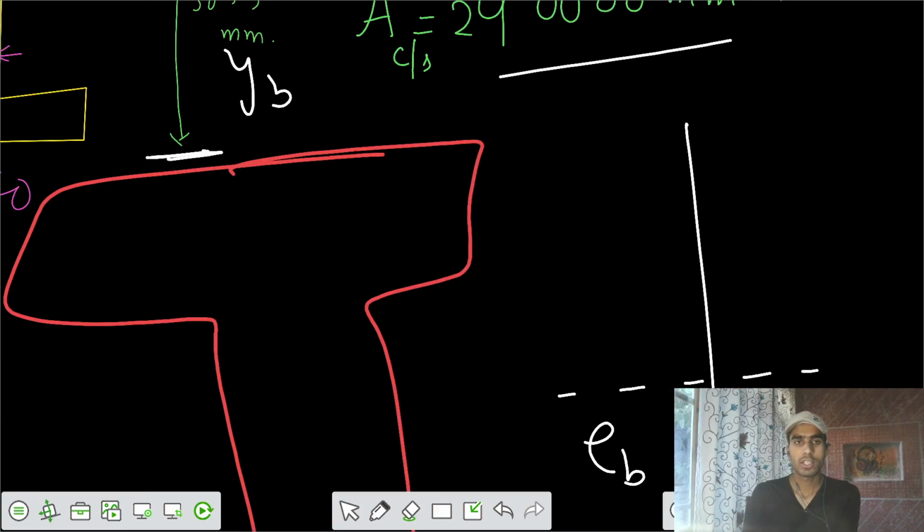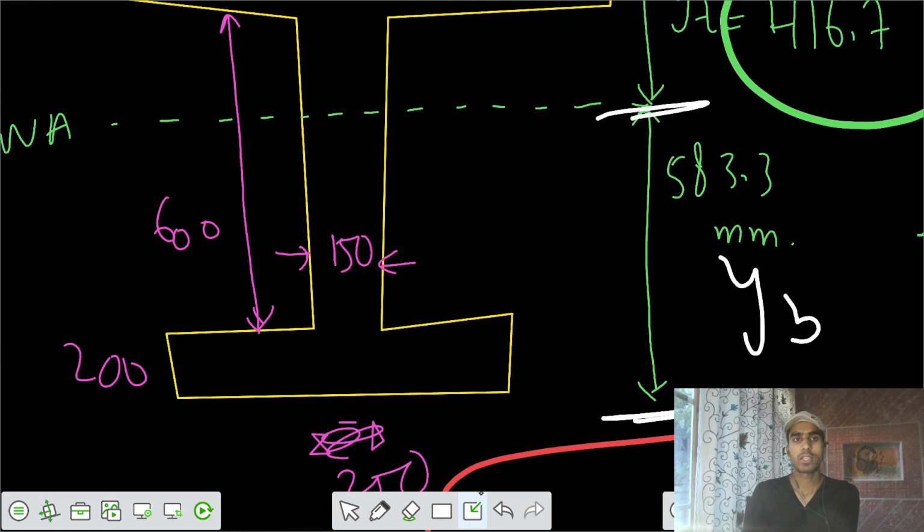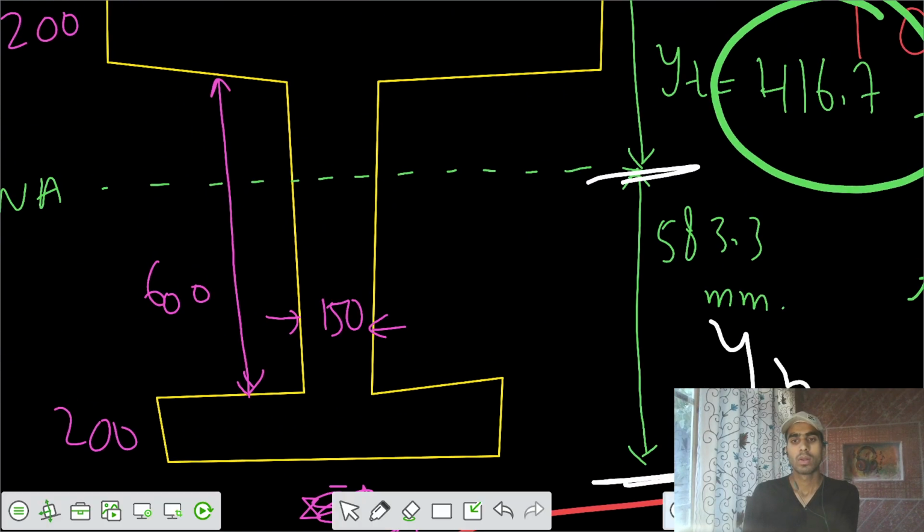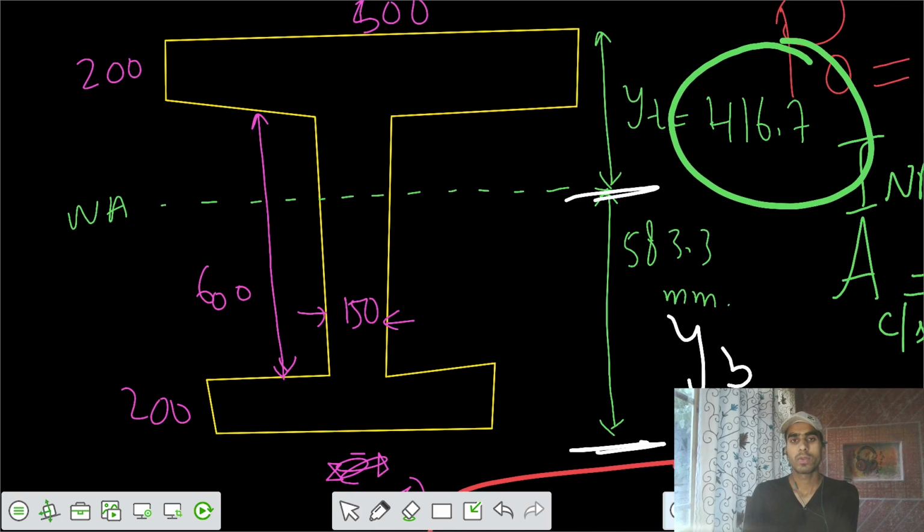Let's go to that section now. This was your section, and let's erase that data. You have to apply the moment such that the resultant is within the kern limits, so that there are no tensile stresses in any fiber of the section.